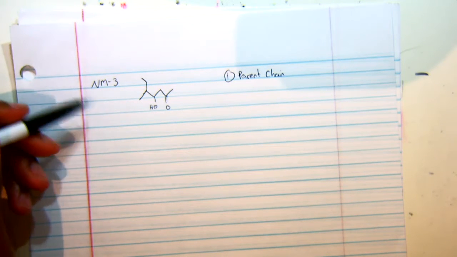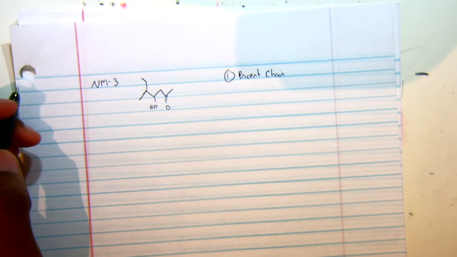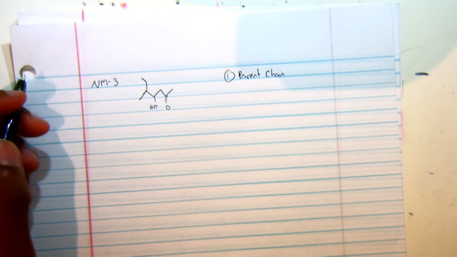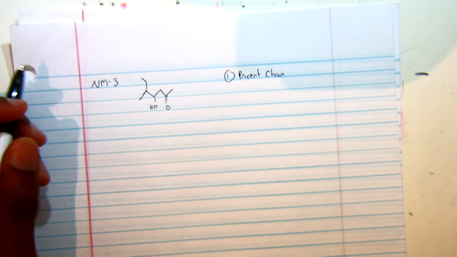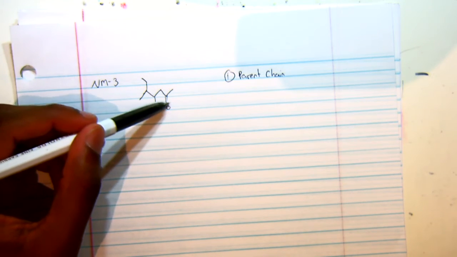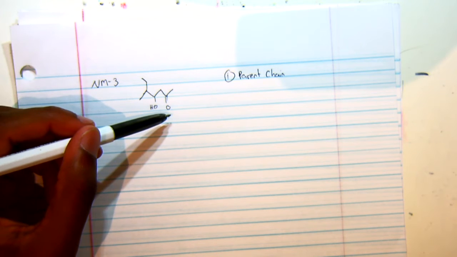So in this case, what is our longest parent chain? 7, right? So would it be hexa or hepta? Hepta, right? That's going to be our longest one, and it's going to be 1, 2, 3, 4, 5, 6, 7. And then we said that the ketone will have priority, so that's going to end with NONE, right?